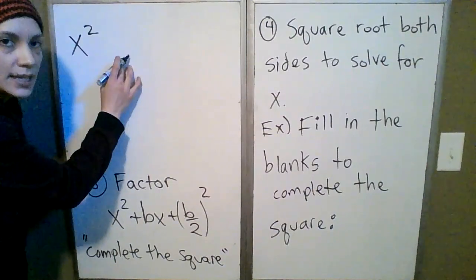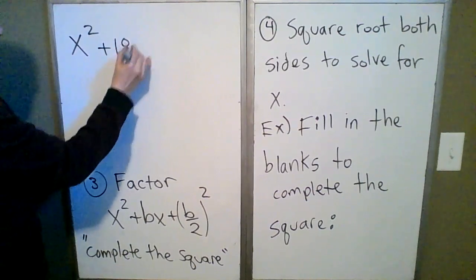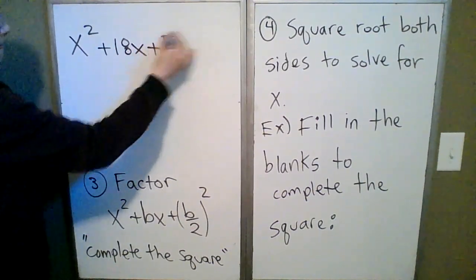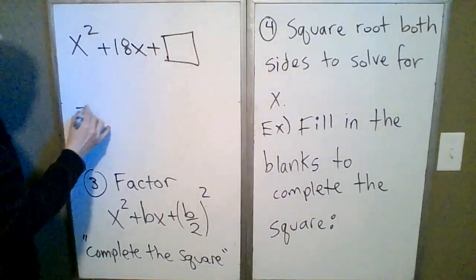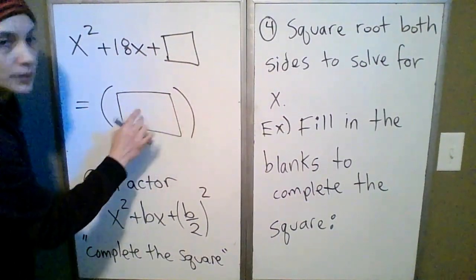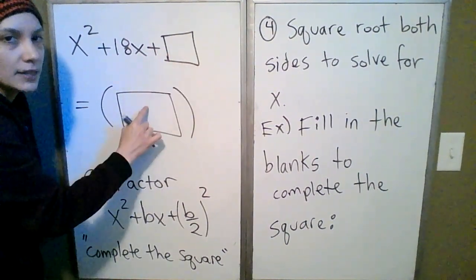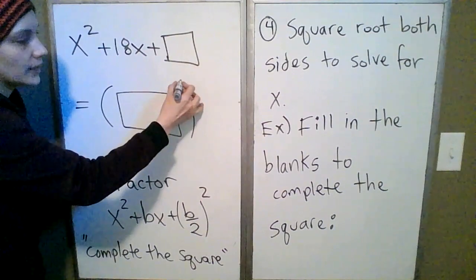x squared plus 18x plus blank is equal to something, which we're going to figure out. So this is a fill in the blank part. This is a fill in the blank part. And this value on the outside is squared.